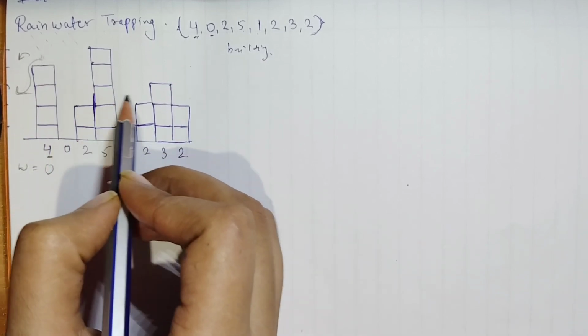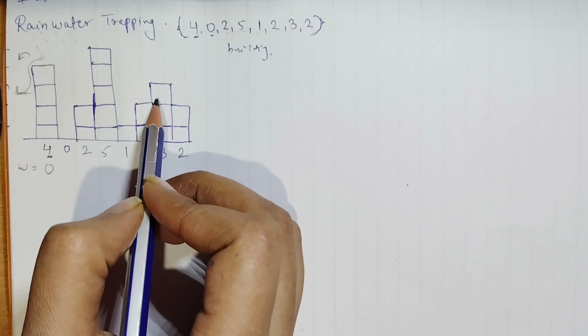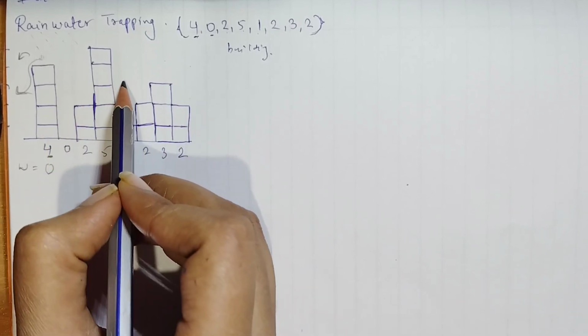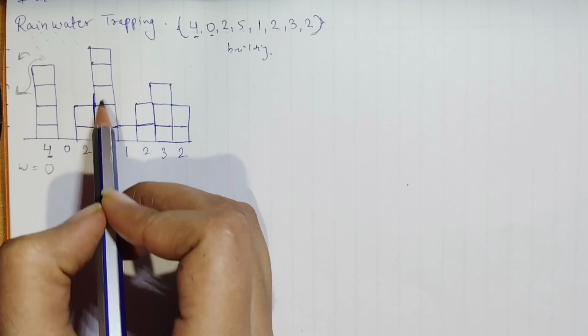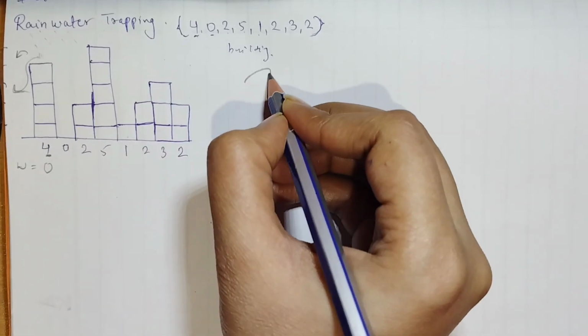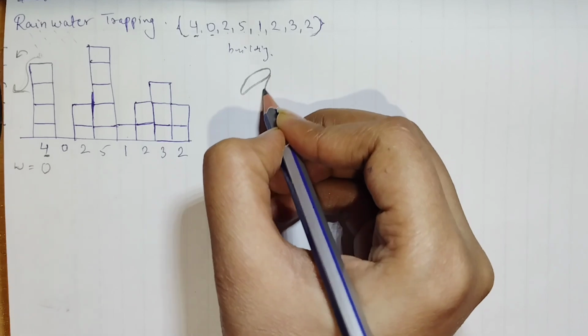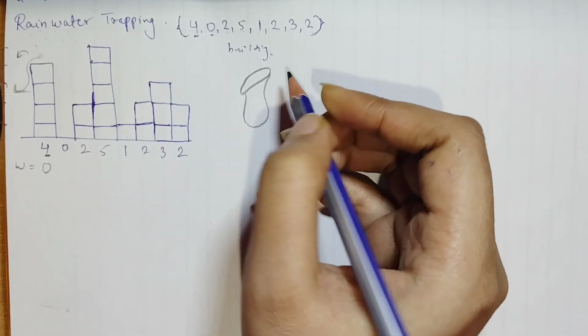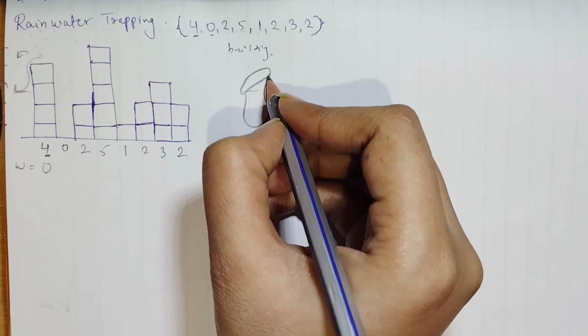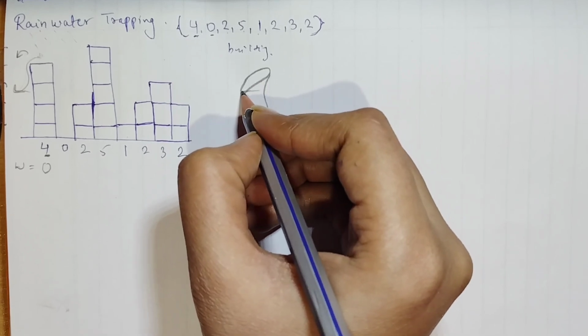When we talk about these bars, will they trap water? Yes. Why? Because on the left hand side and on the right hand side there are bars which can help them to trap water. If I talk about this jug, how much water will be trapped? This much.